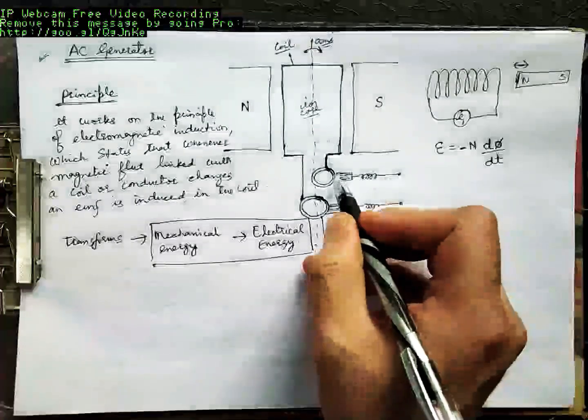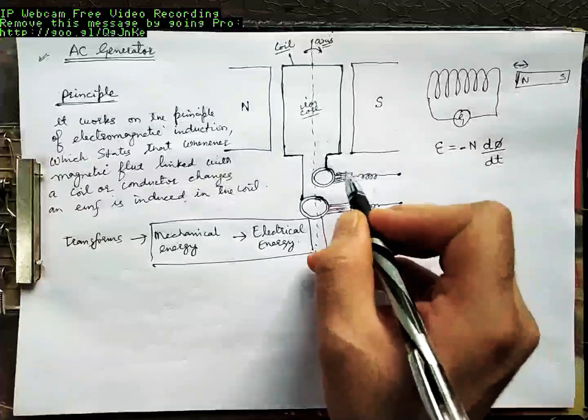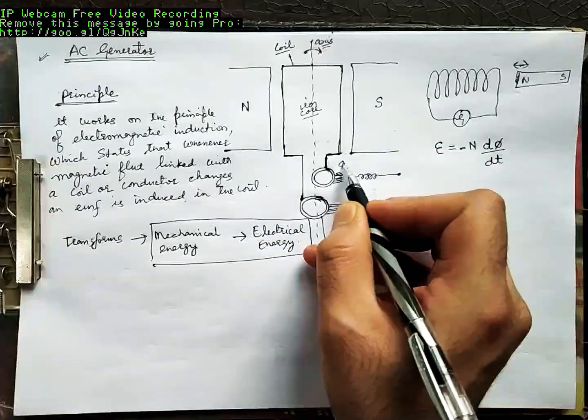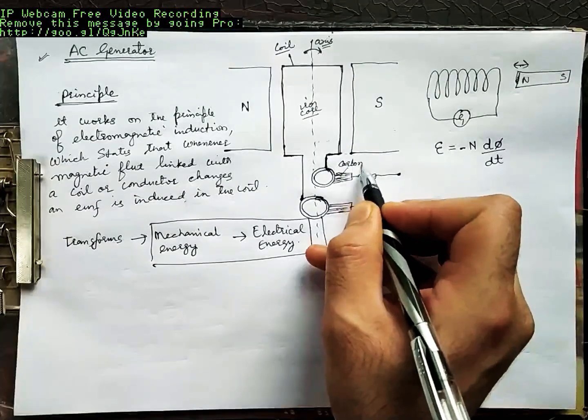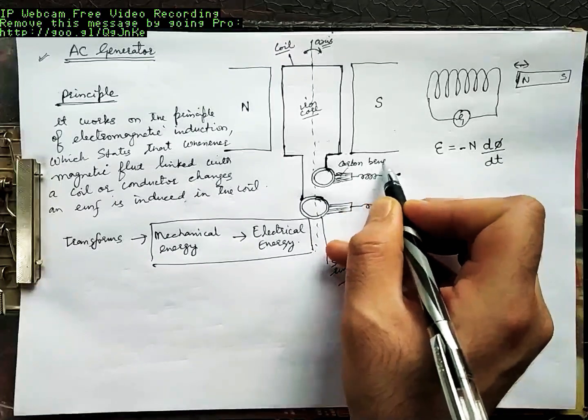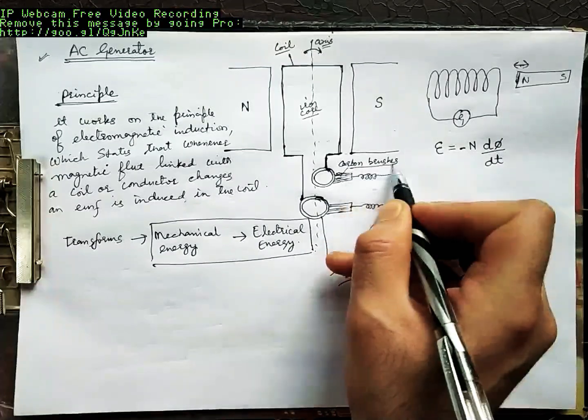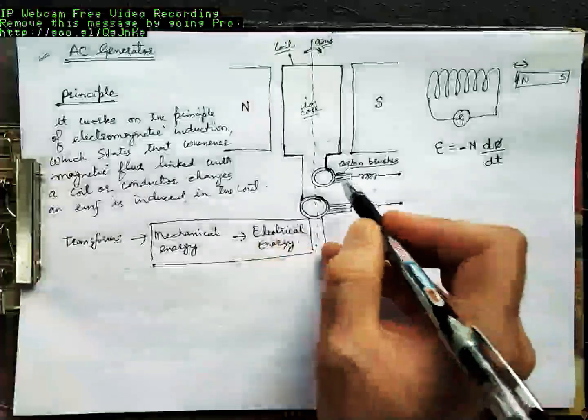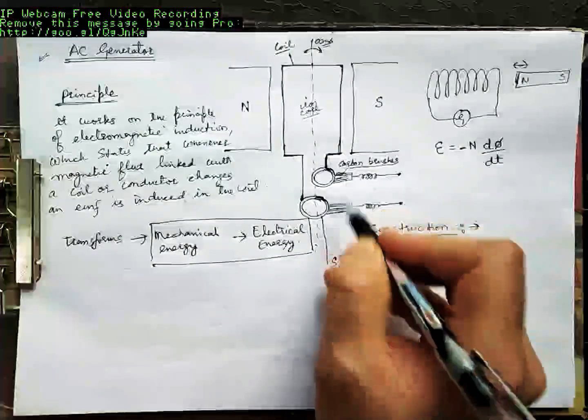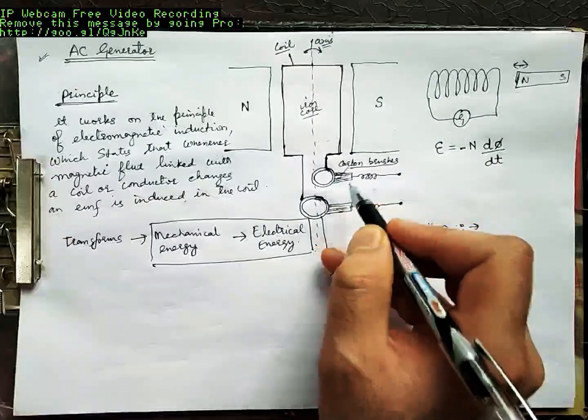And to these slip rings, what we have attached here are carbon brushes. Carbon brushes are basically conducting, but they are also lubricating.